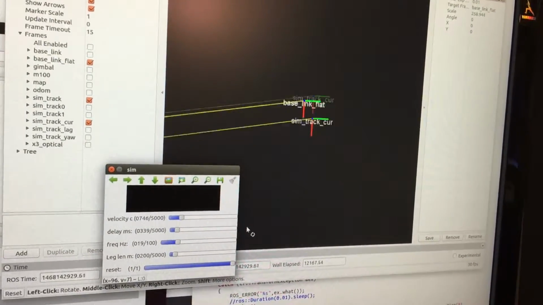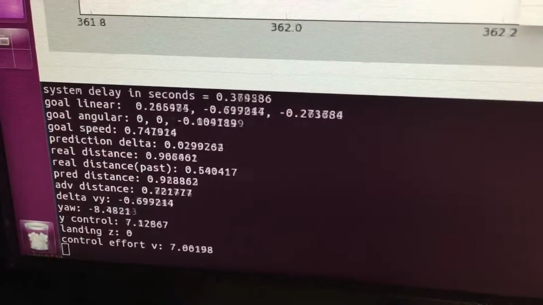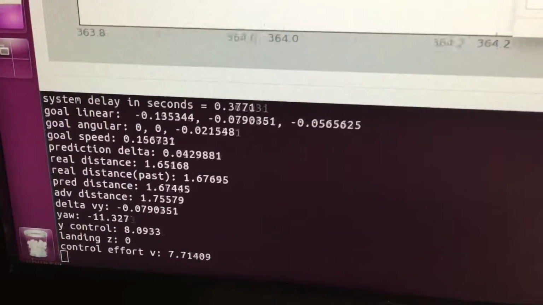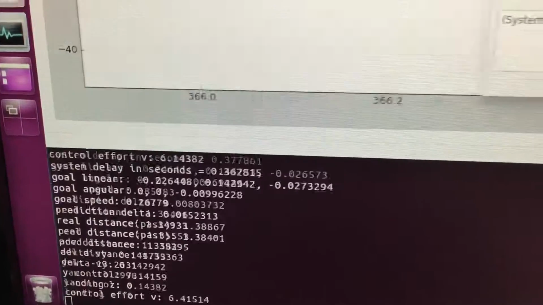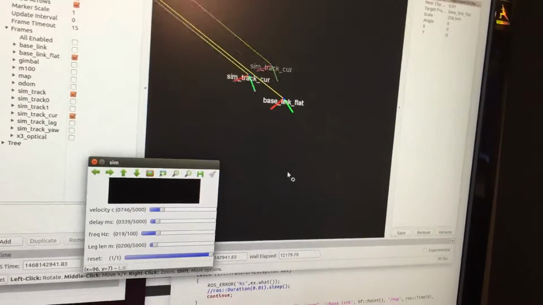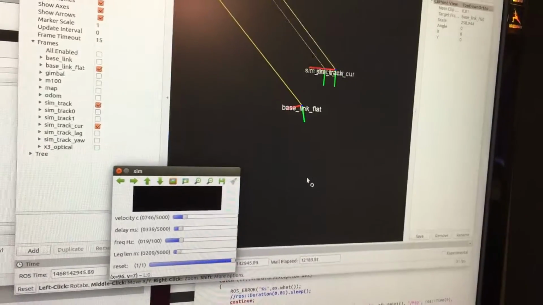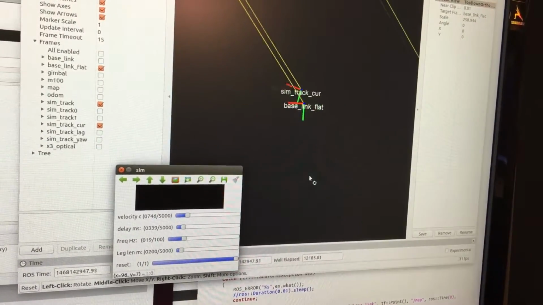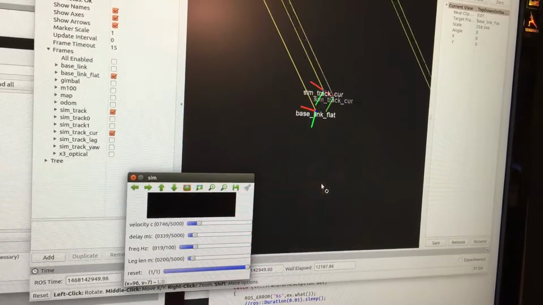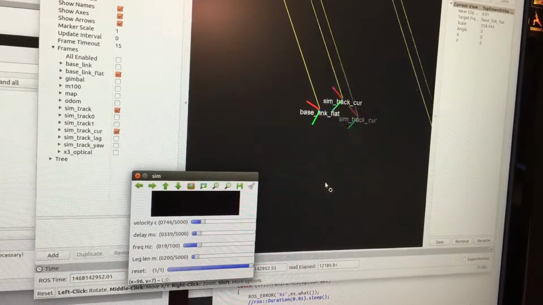Once again, it's tracking pretty well. Yep, see, it's gone down. Okay, it's going to turn again. But once it hits the straightaways, it tends to level itself out. We'll just wait for it.